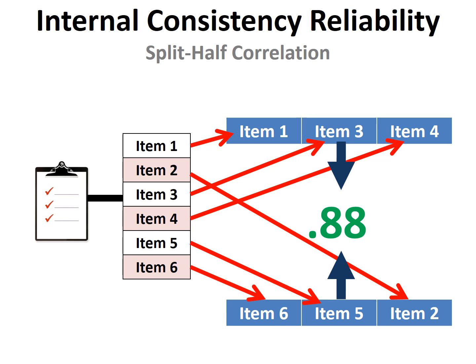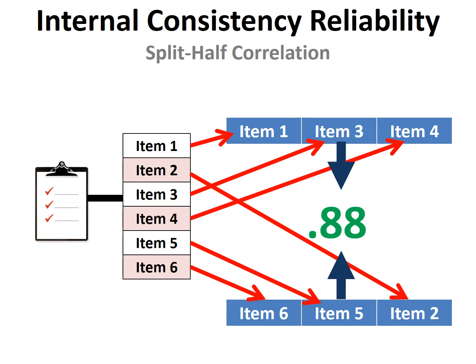And there is a way of calculating that kind of response pattern using a correlation. If you know anything about correlations, correlations run from -1 to +1, with a +1 being a perfect positive correlation. That is, if they do well on one half, they do equally as well on the other. A negative correlation would be if they do well on one half, they would do poorly on the other half.